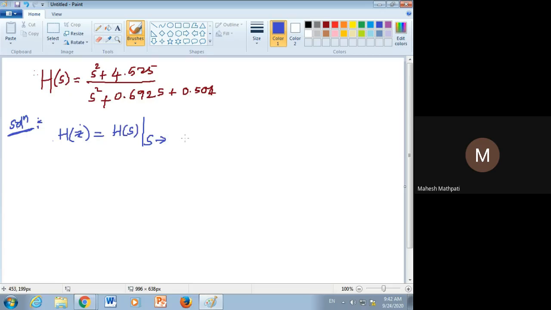We are replacing s by 2 by T into 1 minus z inverse divided by 1 plus z inverse. With this formula we are solving this. Here, as T is not given, for such cases we can assume T equals 1 second.